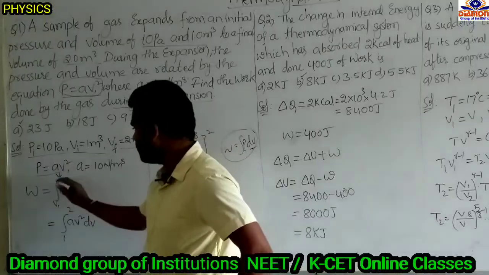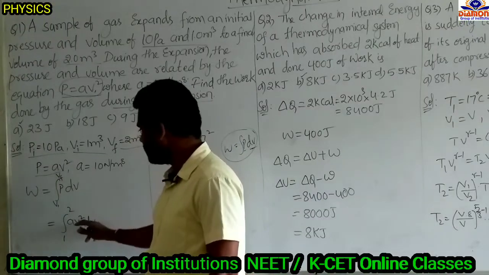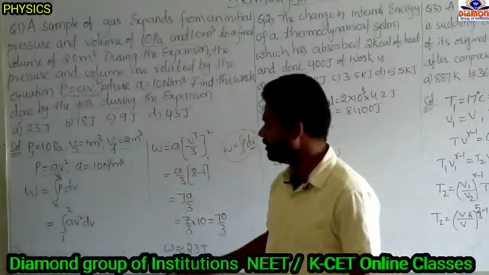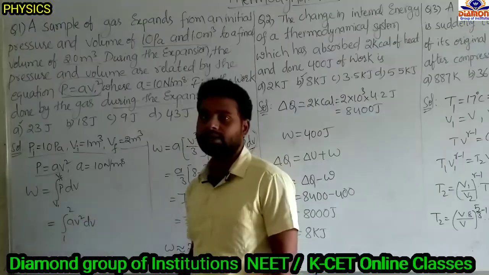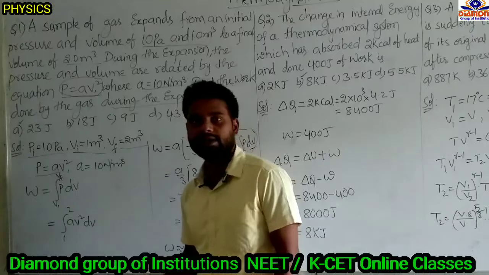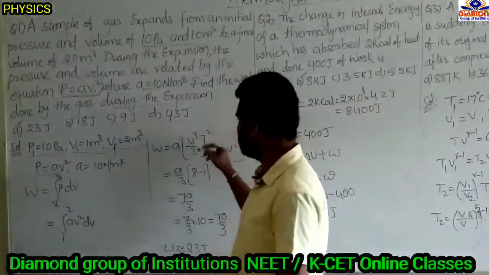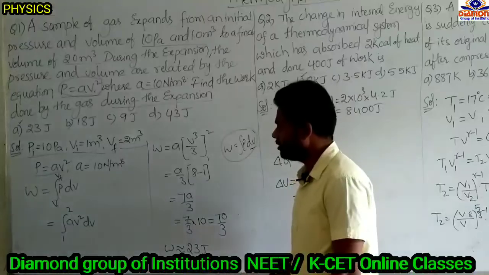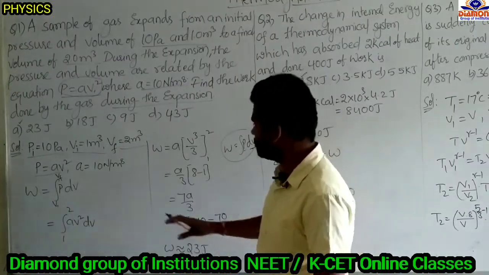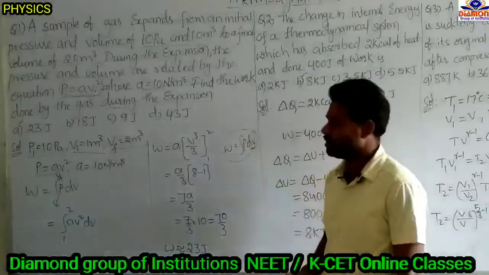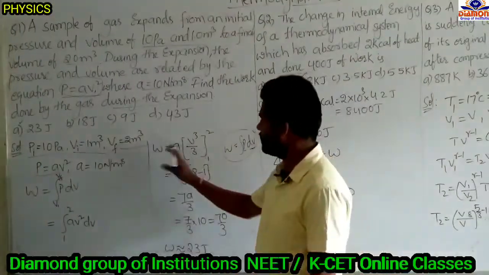P value they gave as A V square, so I am writing A V square into dV. A is the constant, stand outside, and integrate V square dV. The integration of x power n is x power n plus 1 by n plus 1, so we get V cube by 3. Now the lower limit is 1, upper limit is 2. 3 is a constant, stand outside.